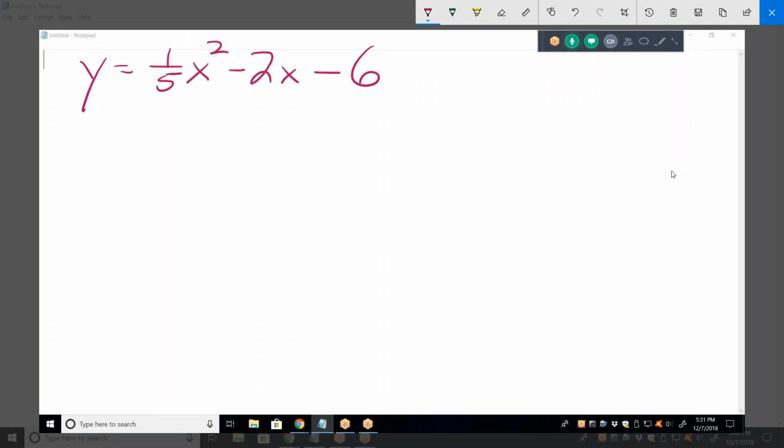We could try to factor it and put it in x-intercept format, but that's kind of hard to do also. Whenever you have something in standard format, the x-coordinate of the vertex is rather simple. It's minus b over 2a, like the first part of the quadratic. So what's that equal?